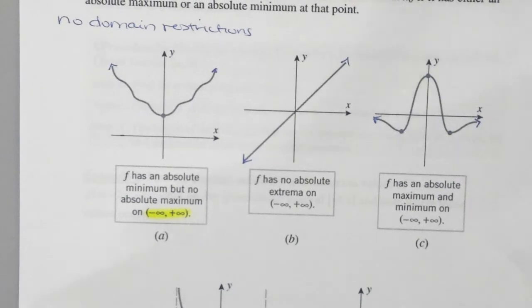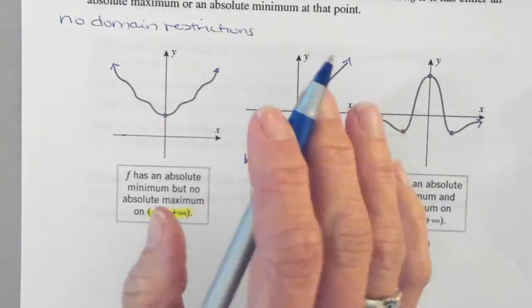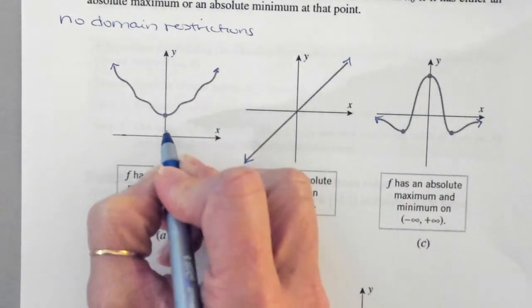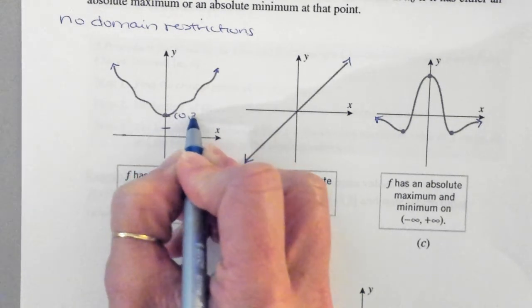And if I were to just give you an example here, let's say I'm just going to make up numbers. These are made up because there's no scale on here. Let's say that the point is at 0, 2.